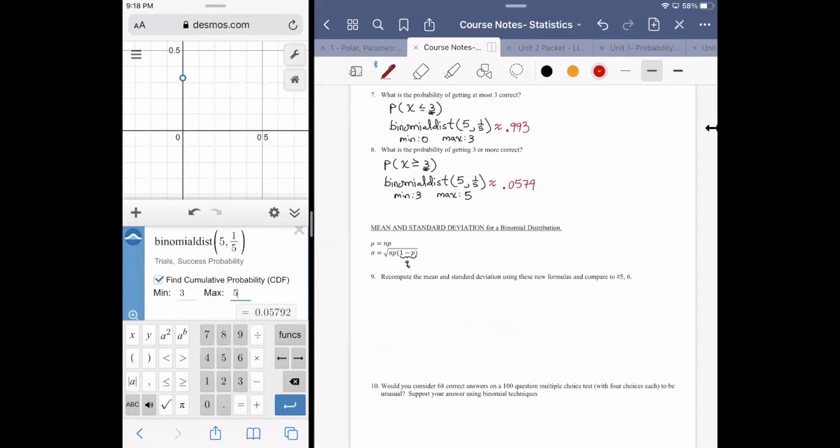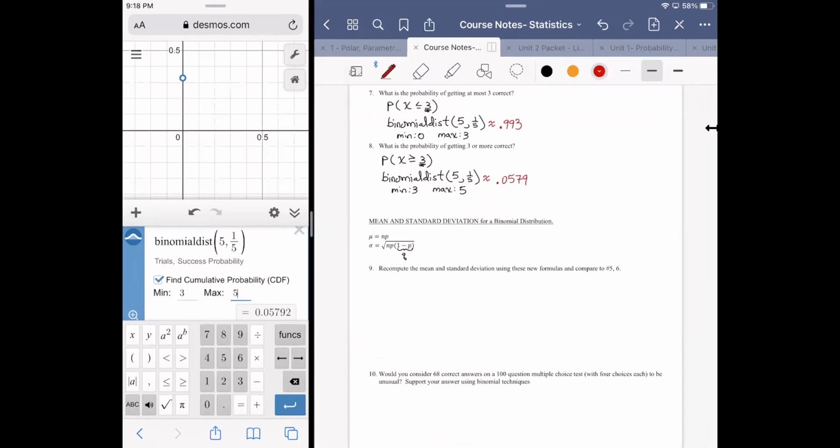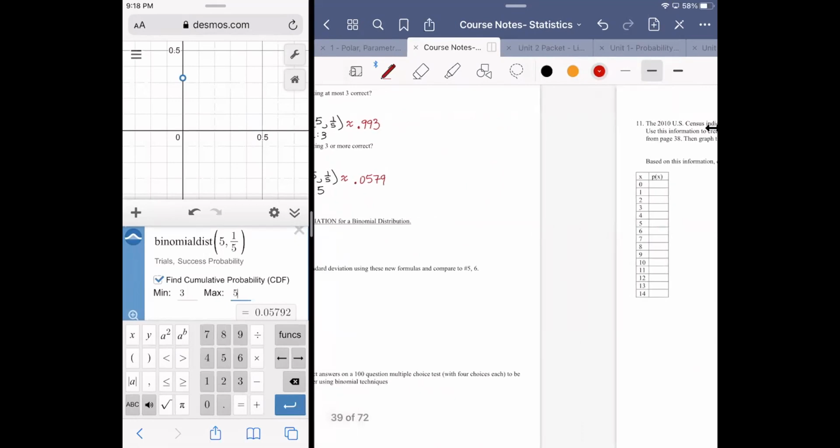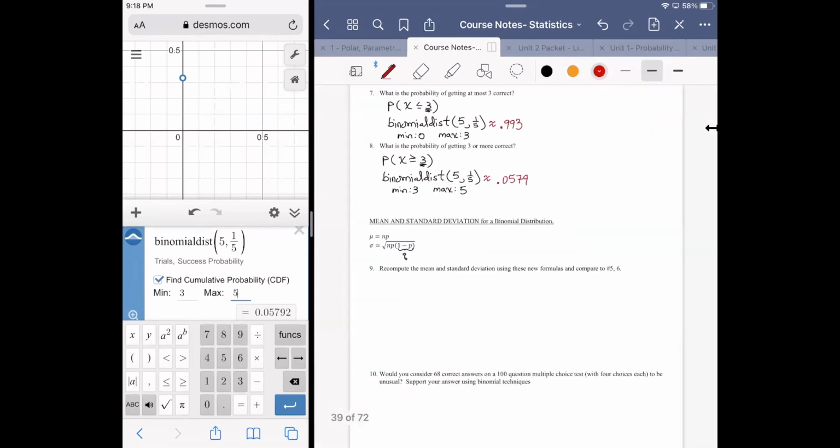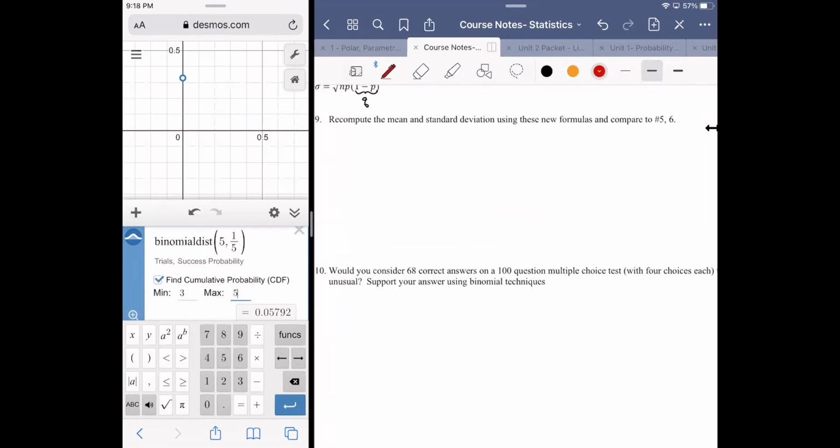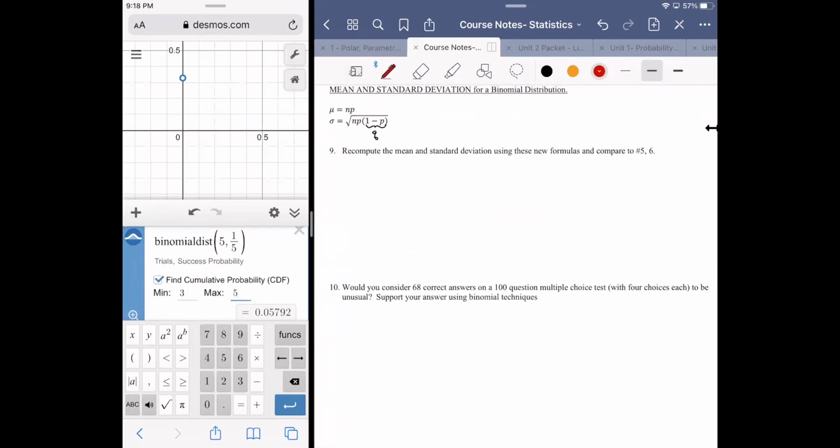So the last thing that we'll do is number 10, because number 11 is just crazy. It says, would you consider 68 correct answers on a 100 question multiple choice test with 4 choices each to be unusual? 68 is the passing score, a high D. So we want to know, is that going to be unusual?